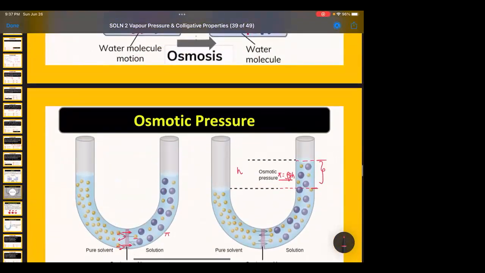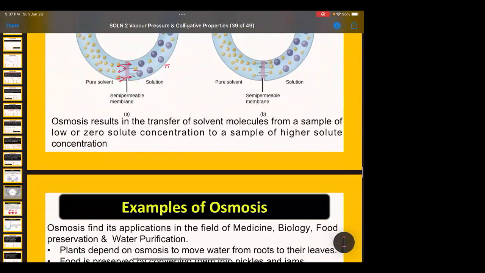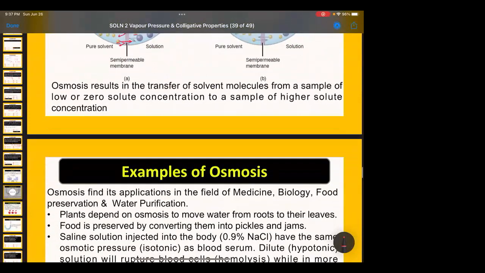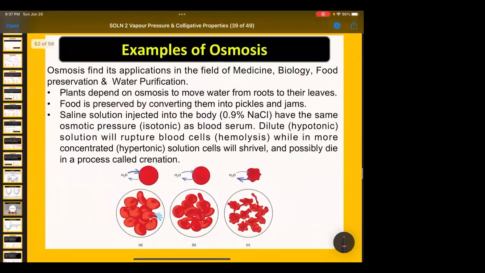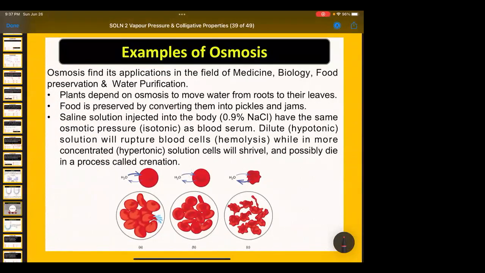Examples of osmosis, these are the examples. So blood cells. Suppose our body gets dehydrated, immediately through an injection, they put some water into our body.